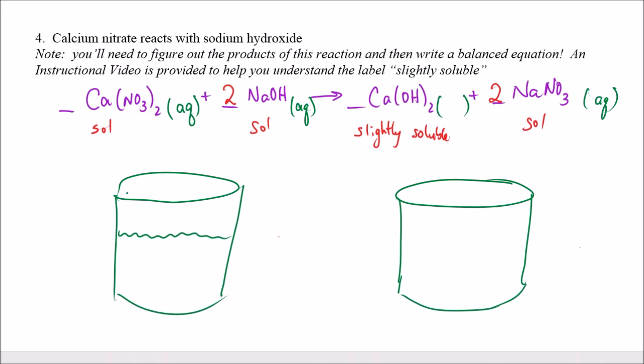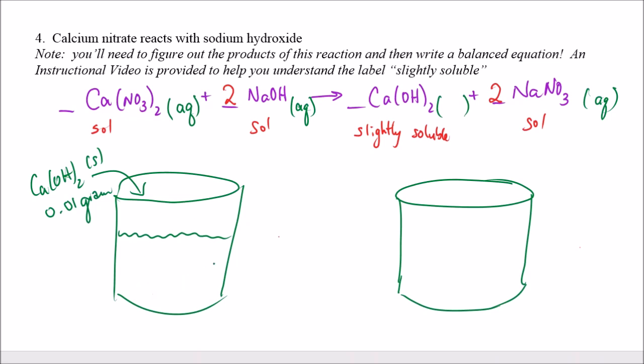So let's imagine here in this first beaker, we dump in some calcium hydroxide, which is solid, of course. Like you're trying to dissolve the salt. But let's say we only drop in a very small amount. Let's say 0.01 gram. So that's a tiny bit of salt.